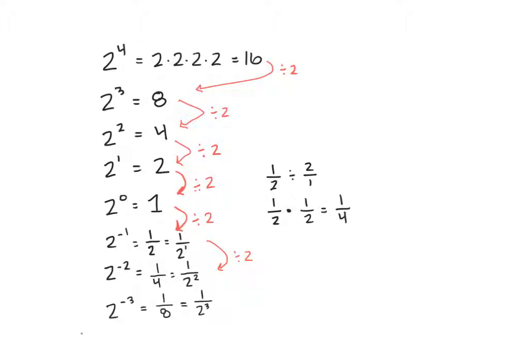I'll show you one more, 2 to the negative 4th power is 1 over 16, or again, 1 over 2 to the 4th power. So what happens when we have negative exponents is we bring the base and the exponent down to the denominator, and hopefully you can see that in our pattern here.